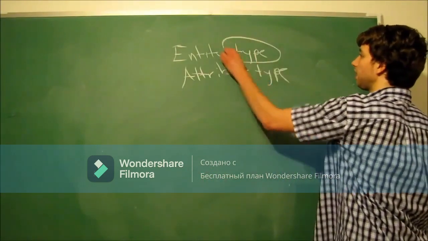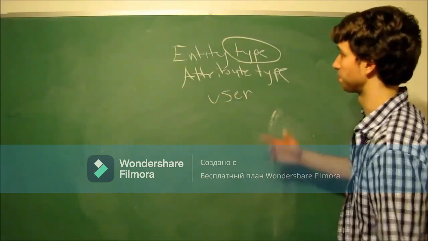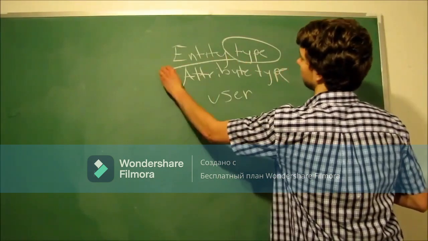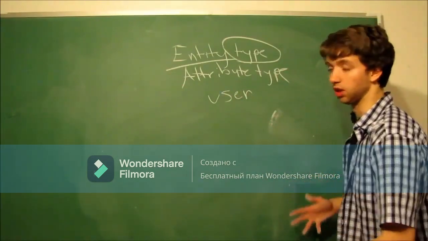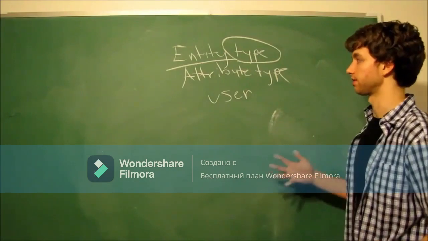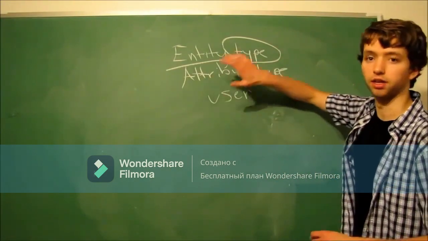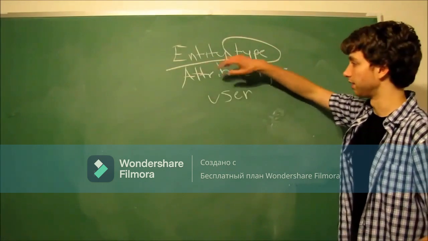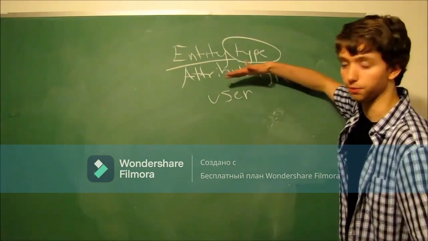So the entity type is user. A specific entity would be Caleb or Bill or Jamie or Jake or whoever it is. So the entity type is basically the category of the entities that we're storing. The category is a user, and all the entities within it should be a user.